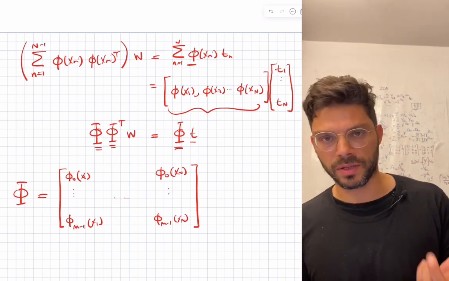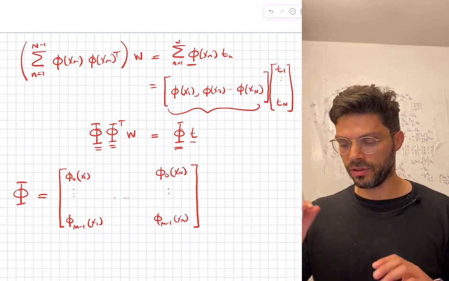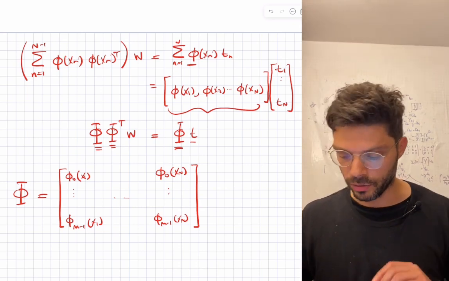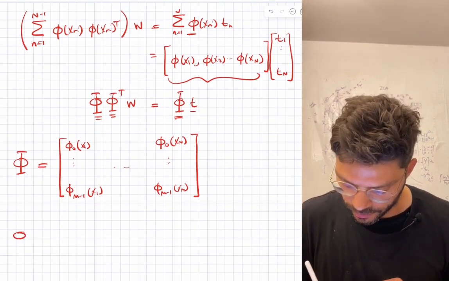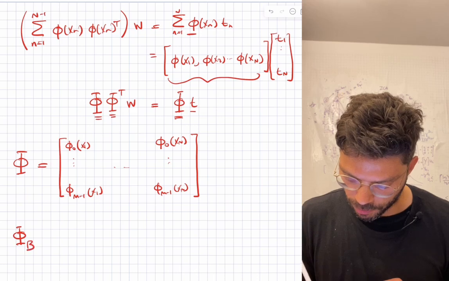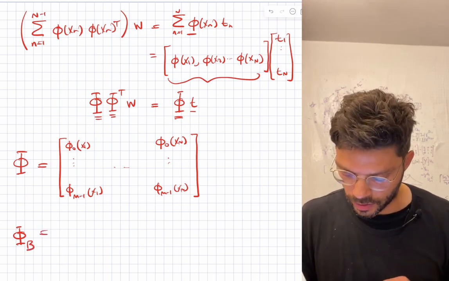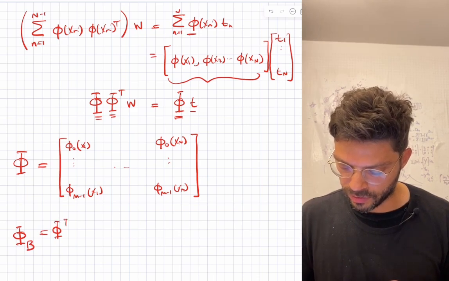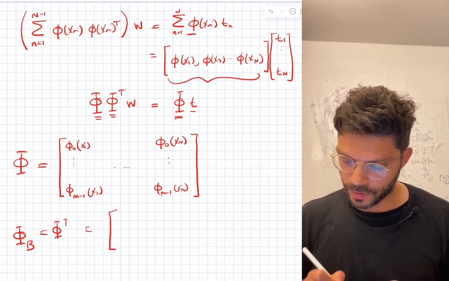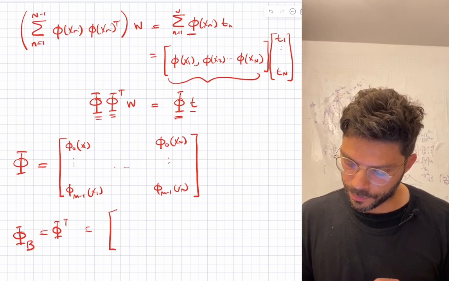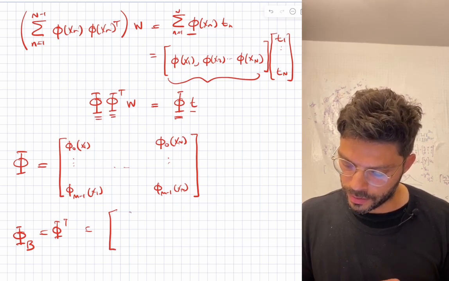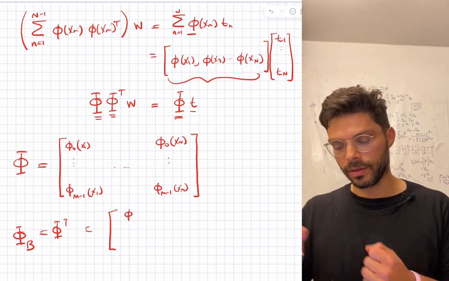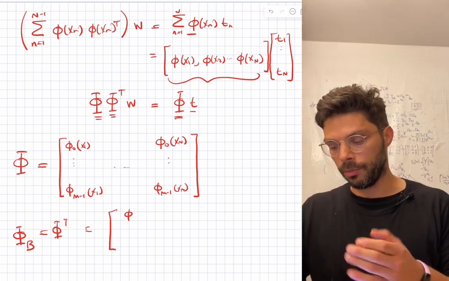Now, for whatever reason, it might become clear later, but he actually chooses to define the matrix the other way. So we'll call phi Bishop the transpose of the phi that we have. His one is going to have the features applied to each data point along the row.